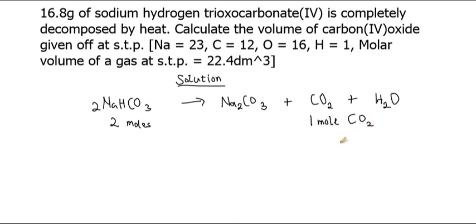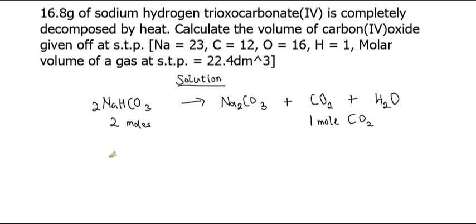So this is the stoichiometric relationship between them, and it's 2 moles of sodium hydrogen trioxocarbonate 4 will give off 1 mole of carbon 4 oxide at s.t.p. And also at s.t.p, 1 mole of gas contains 22.4 dm3.